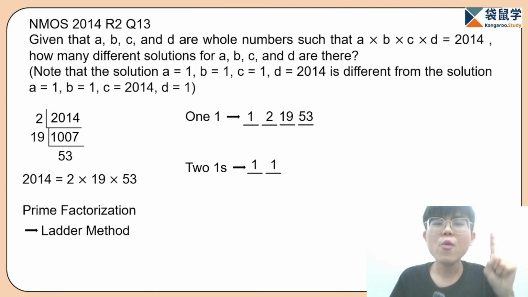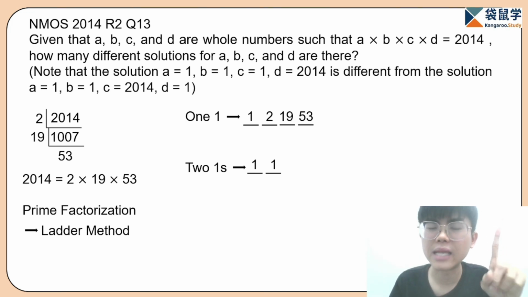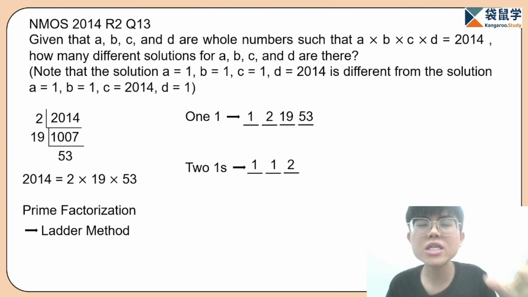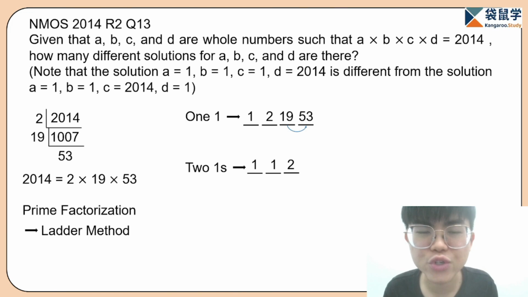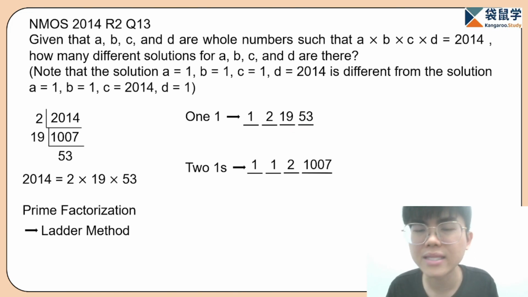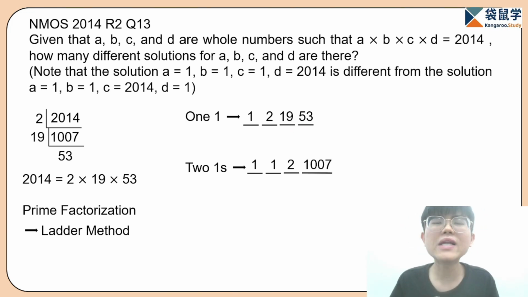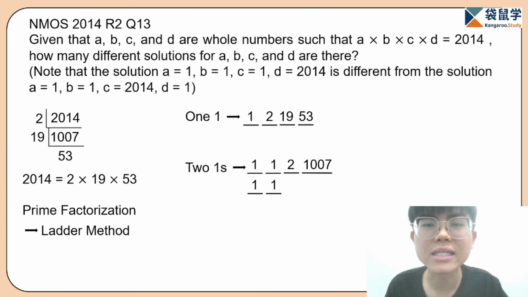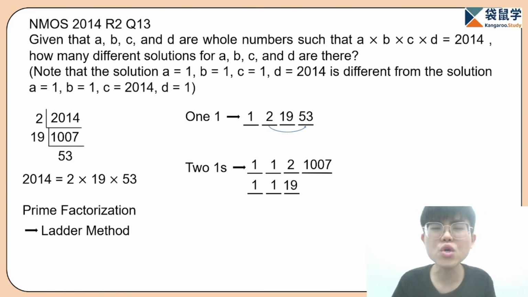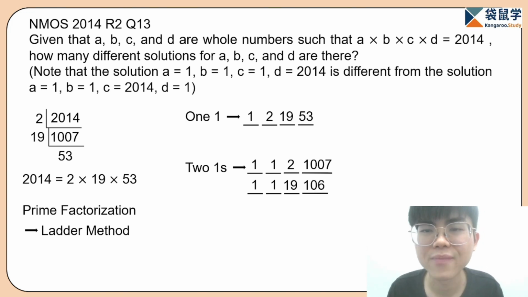First of all, we can take out the number 2. Then we just have to multiply 19 with 53 and we get 1007. For the second combination, we can take out 19. Then we multiply the other 2 numbers, 2 and 53, and we get 106.